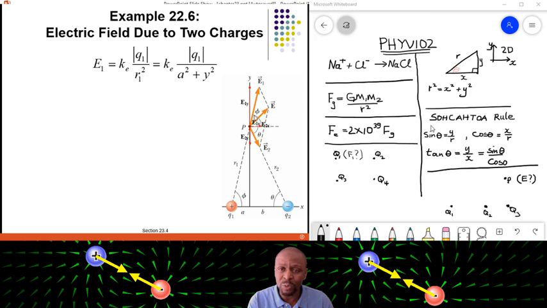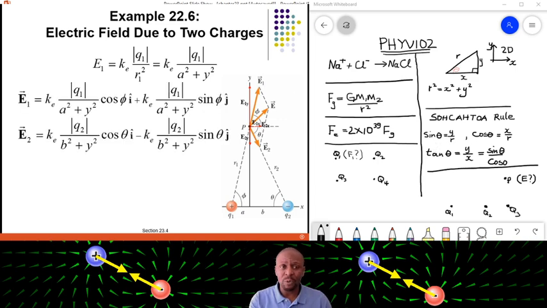The angle between E1 and the x-axis is phi, and the angle between the x-axis and E2 is theta. For E1, you have the x component in terms of the cosine of phi, and the y component in terms of the sine of phi.